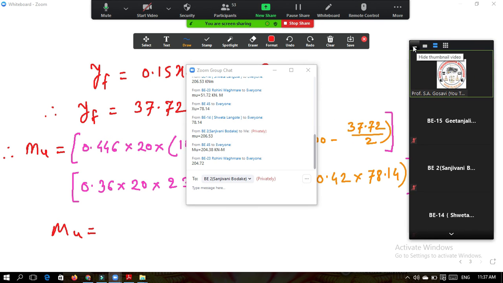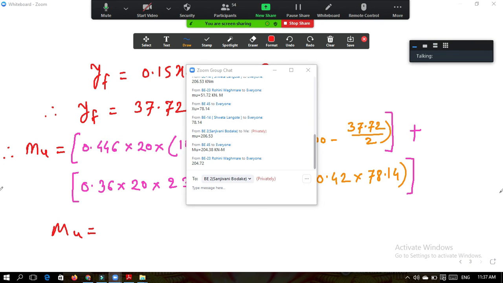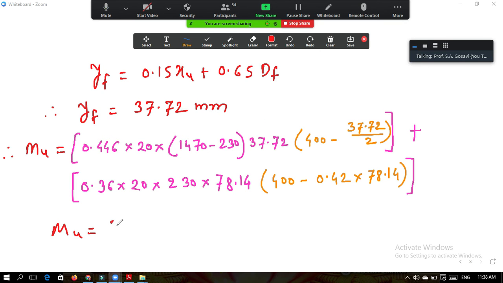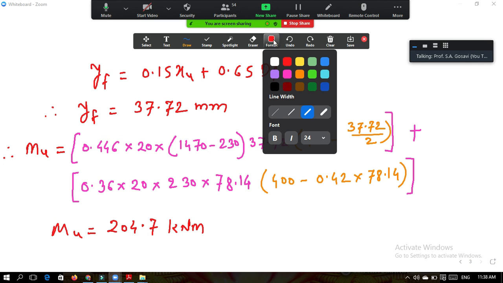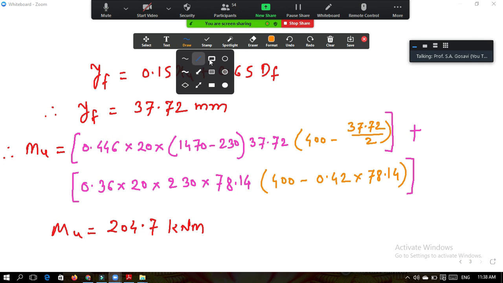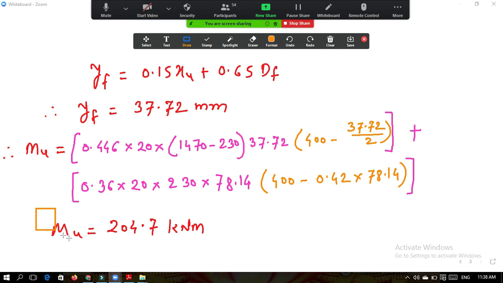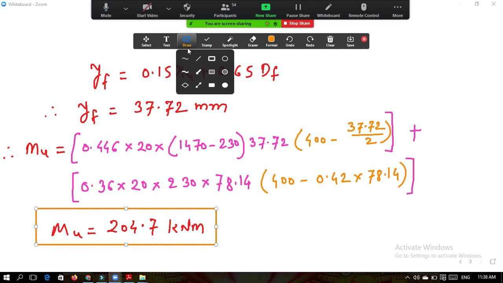And if you directly give this whole equation to the calculator, that also makes some difference. In this case, we will take both answers as correct. So I will write here 204.7 kilonewton meter. This is our final answer for Mu.